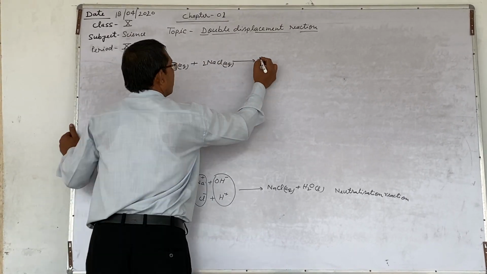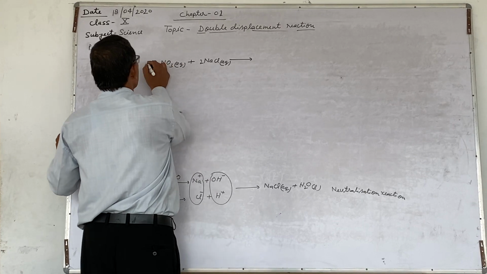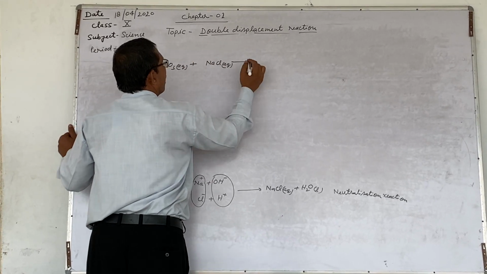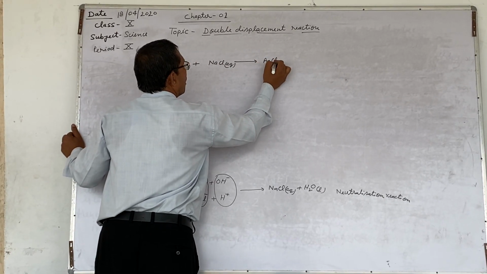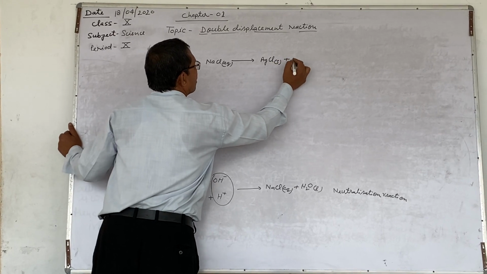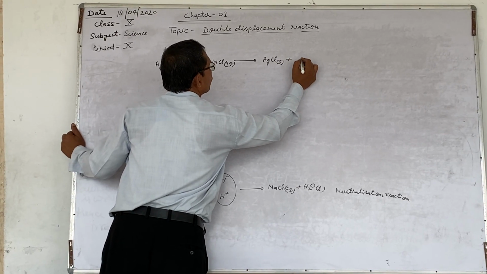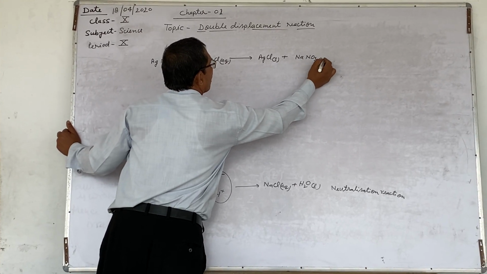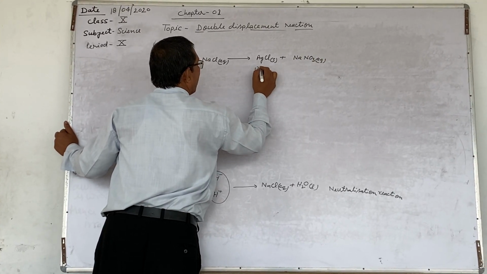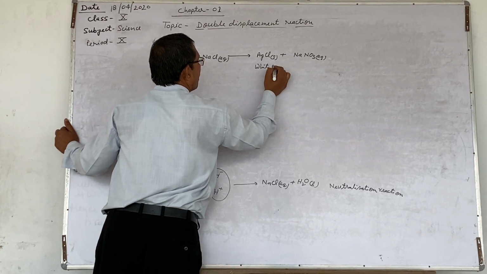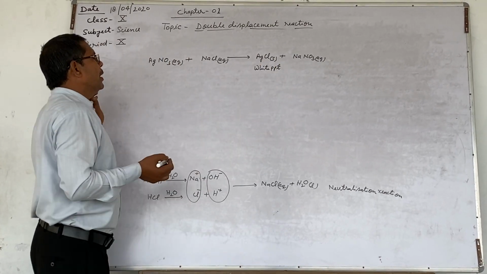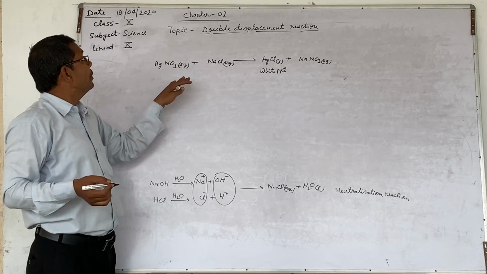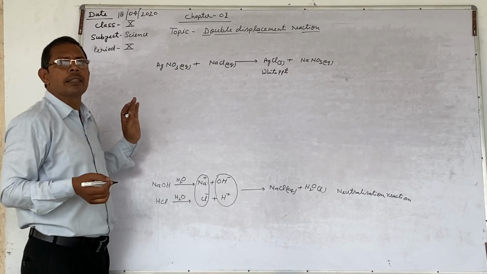When they react, they produce AgCl precipitate and sodium nitrate aqueous, white PPT. So a number of reactions can be mentioned here, that is double displacement reaction.